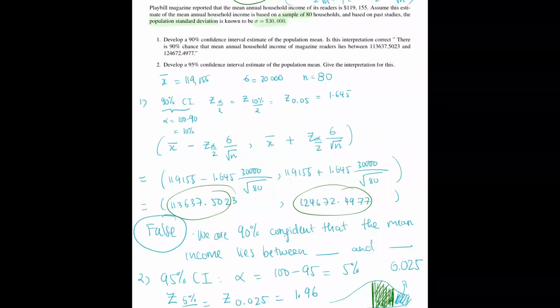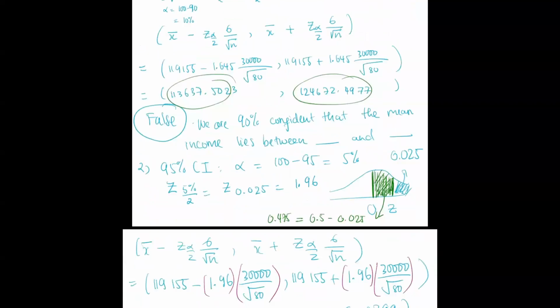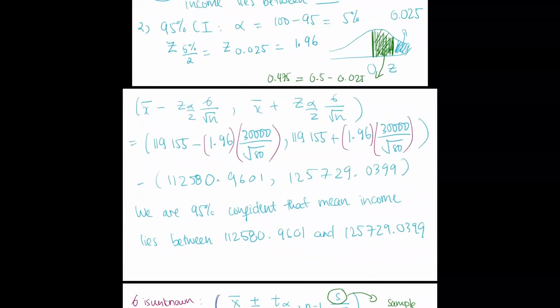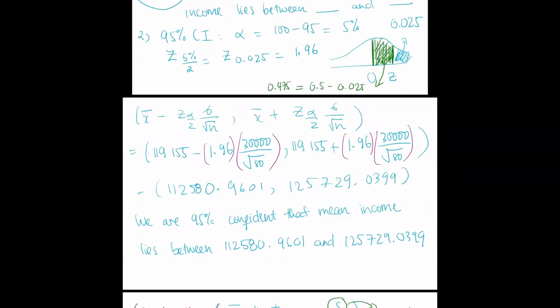For the future, yes, but not this interval. If you want to use the future one, you would have to say there is a 95% chance that the future 95% confidence interval would capture the true population mean. But then it does not have anything to do with this number.